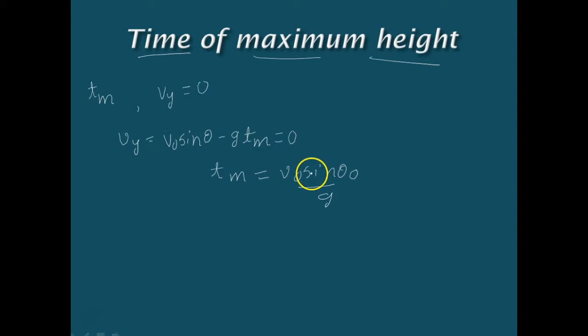The total time Tf during which the projectile is in flight can be obtained by putting y is equal to 0 in the equation y is equal to v naught sine theta naught into t minus half g t square.